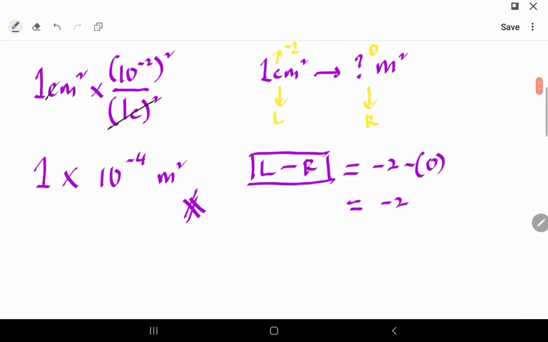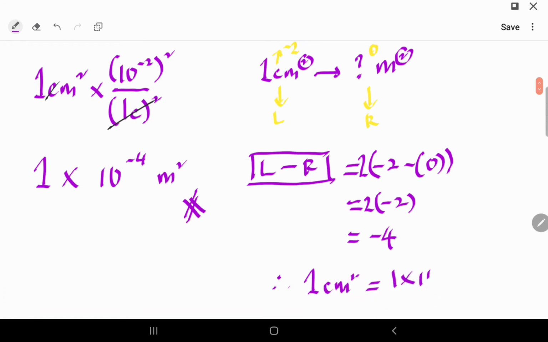Don't forget, we have an index number here, so we need to multiply by the index number. We just multiply by 2 here. So 2 times negative 2 gives you negative 4. So the answer is 1 centimeter squared equals 1 times 10 to the power of negative 4 meter squared.